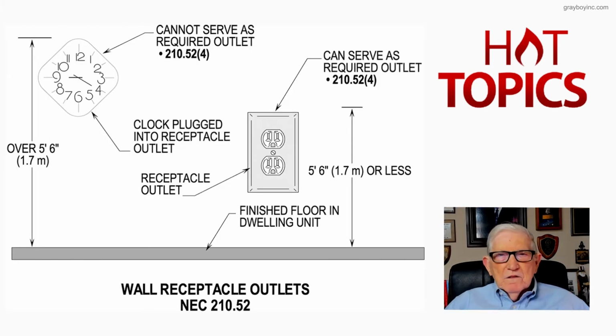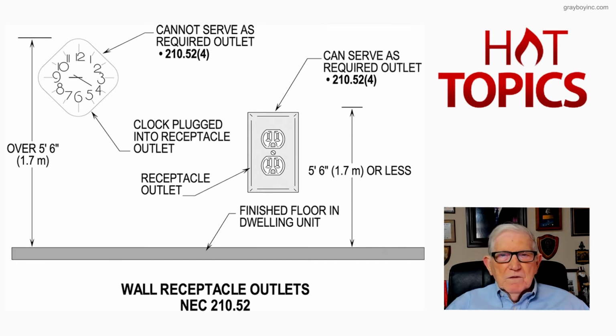Now then, let's look at this figure 10-7 that deals with wall receptacle outlets in accordance with NEC 210.52. Now notice the receptacle outlet to the right. It's located at 5 foot 6 inches or less from the finished floor, and it can serve as a required outlet of NEC 210.52, item number 4.